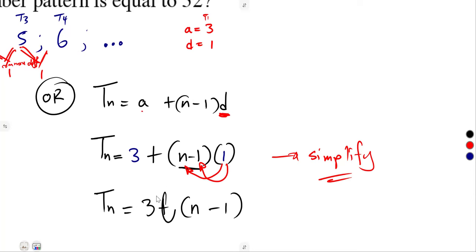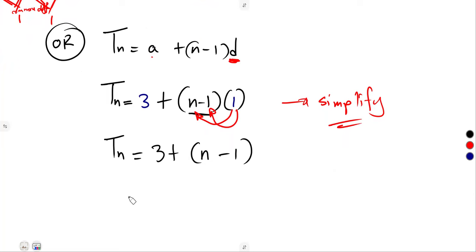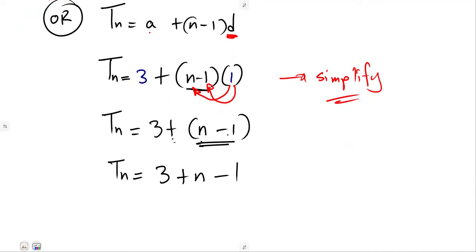Remember, expanding the bracket by a plus does not affect anything. It's just like plus 1. So a plus does not affect anything. Meaning this bracket here is just going to remain as it is. So it's 3 plus n plus and minus. That's a minus. Okay, so we have expanded our bracket.